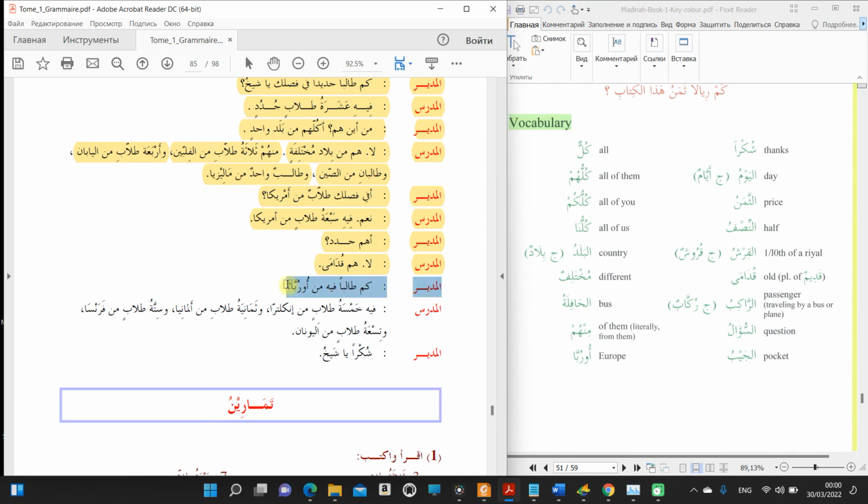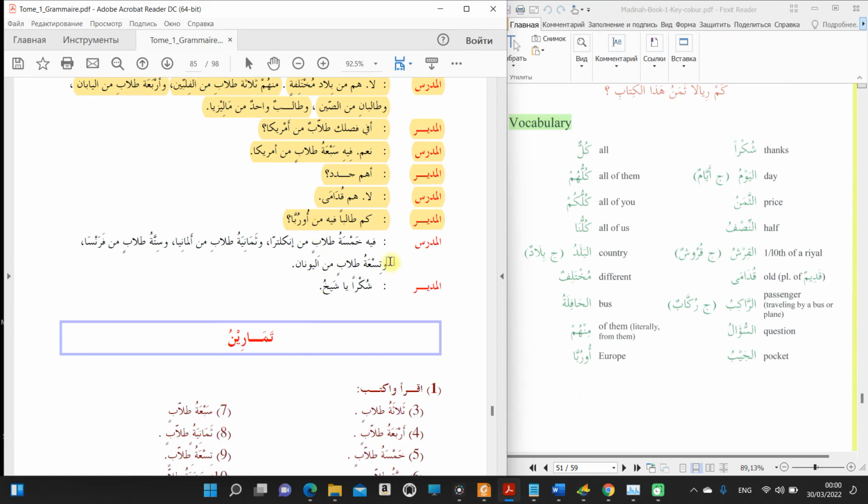المدير again is asking كم طالبا فيه من أوروبا? How many students in it from Europe? And again, you see this long alif in the end prevents the word from taking kasra, even though it's preceded by a preposition. And al-mudarris is saying فيه 5 طلاب من إنجلترا.